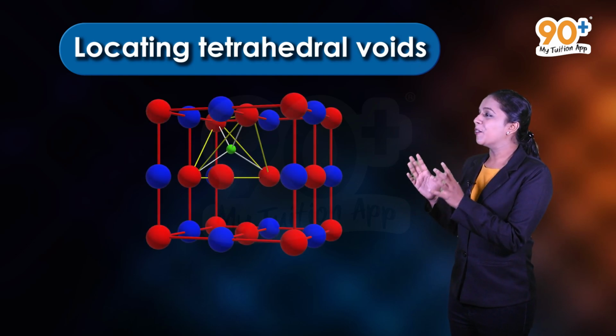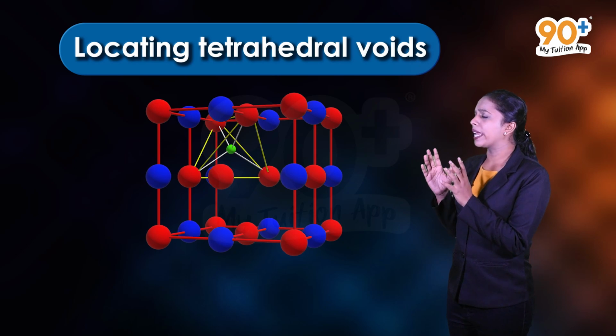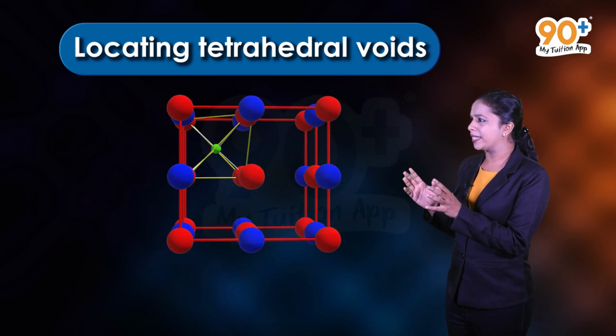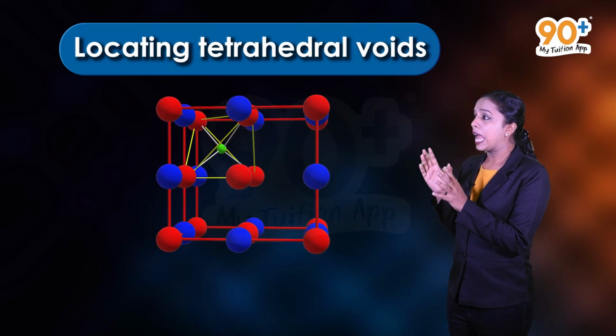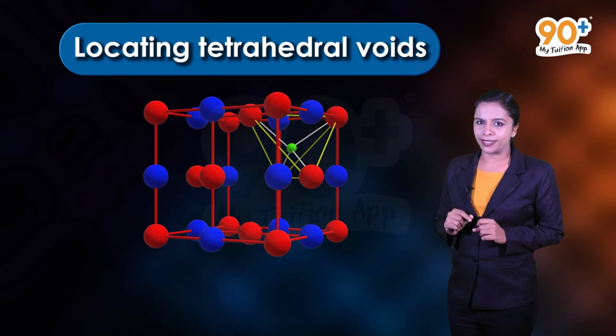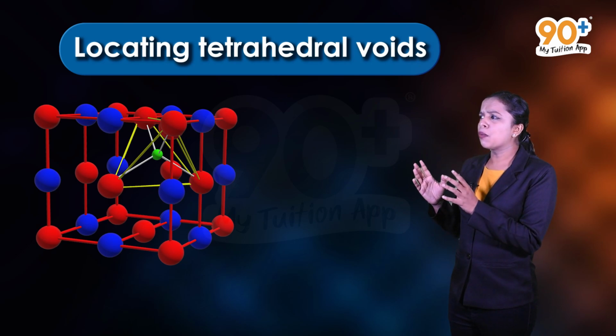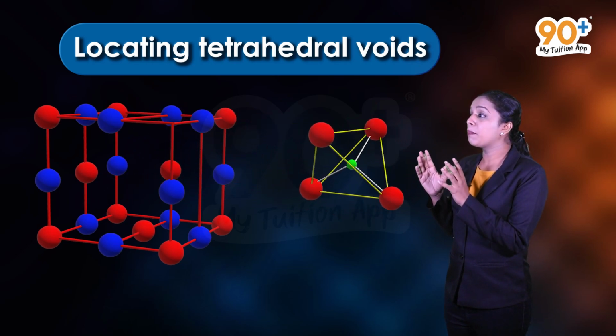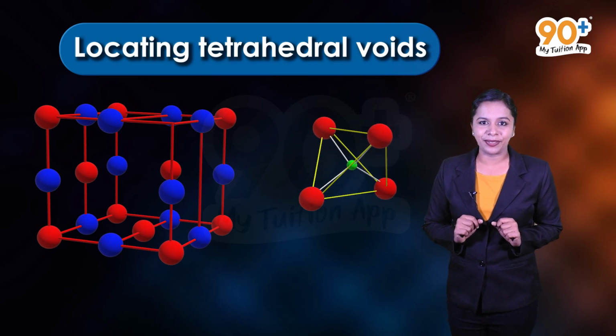Here, take a unit cell of CCP or FCC lattice divided into 8 small cubes with each small cube having atoms at alternate corners. Thus, each small cube has 4 atoms that on joining to each other make a regular tetrahedron.